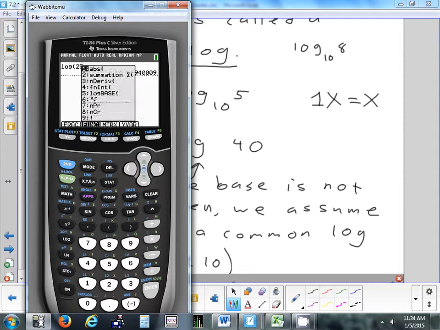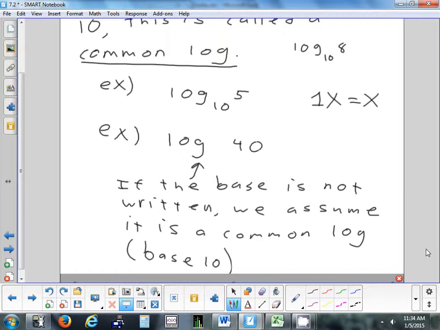Now, if I type it in as log base 10 of 25, it's going to give me the exact same thing. There's no difference. So, natural log, base e, common log, base 10. Those are the only two special ones we need to know.